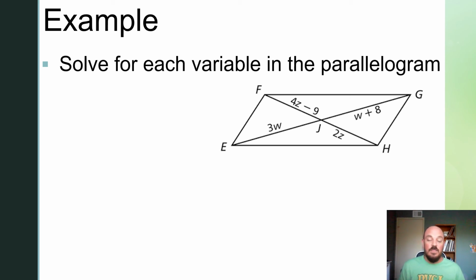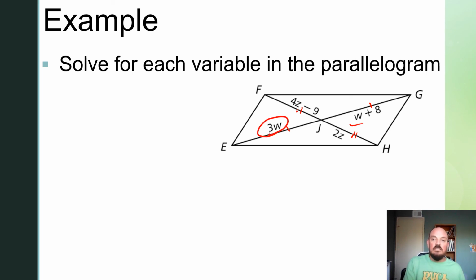Now, our last theorem was, because it's a parallelogram, and it says right in the directions, it's a parallelogram. I didn't put the little arrows on this time, but that's another way I can tell you it's a parallelogram. I said once you know it's a parallelogram, you know the diagonals bisect each other. So this piece is congruent to this piece, and this piece is congruent to this piece. What that means is two things.